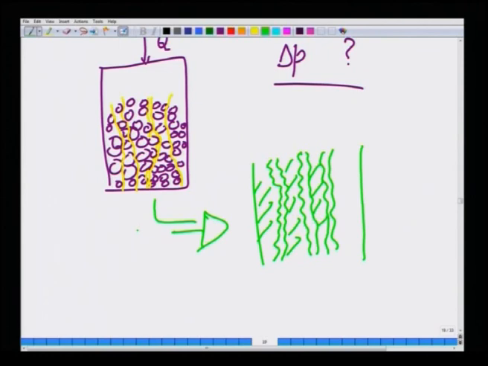A packed bed can be thought of as a bundle of rough and highly tortuous tubes of some complex cross section.